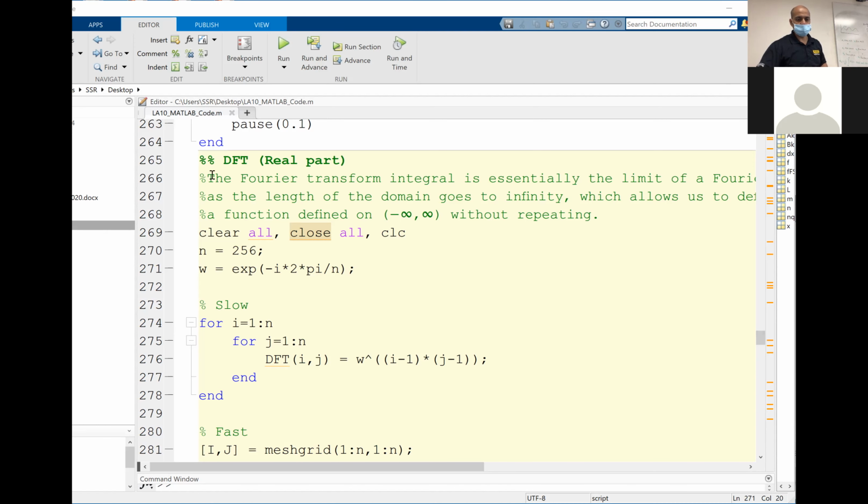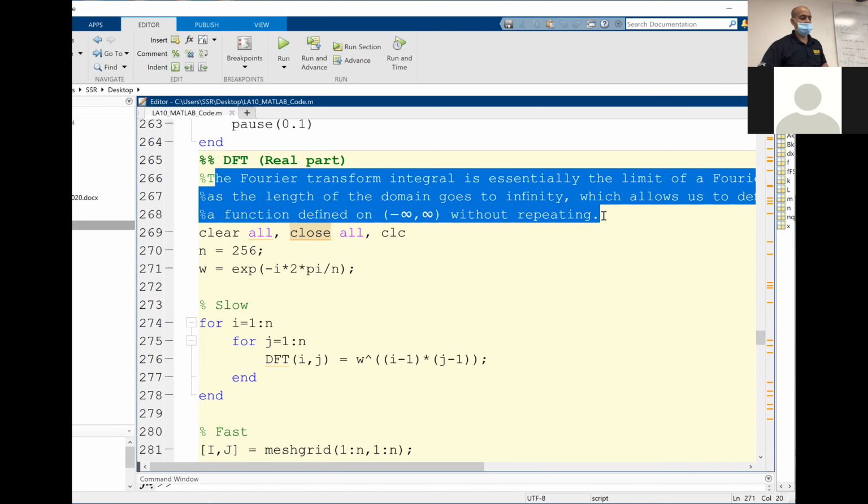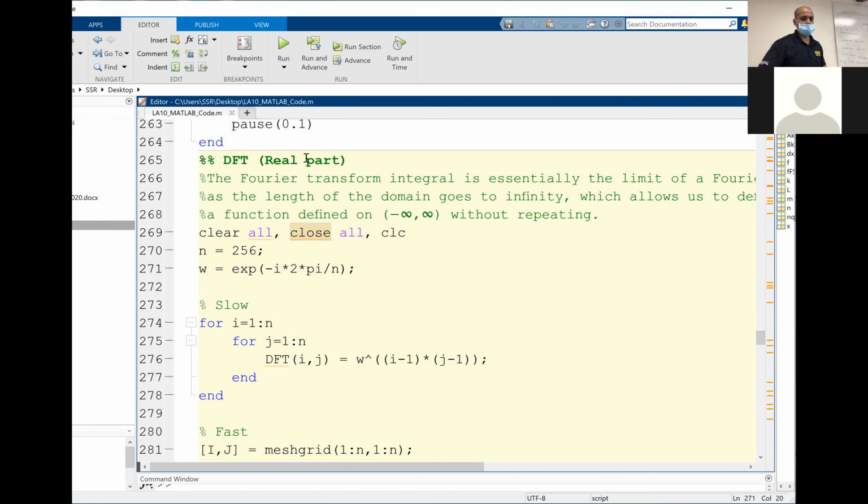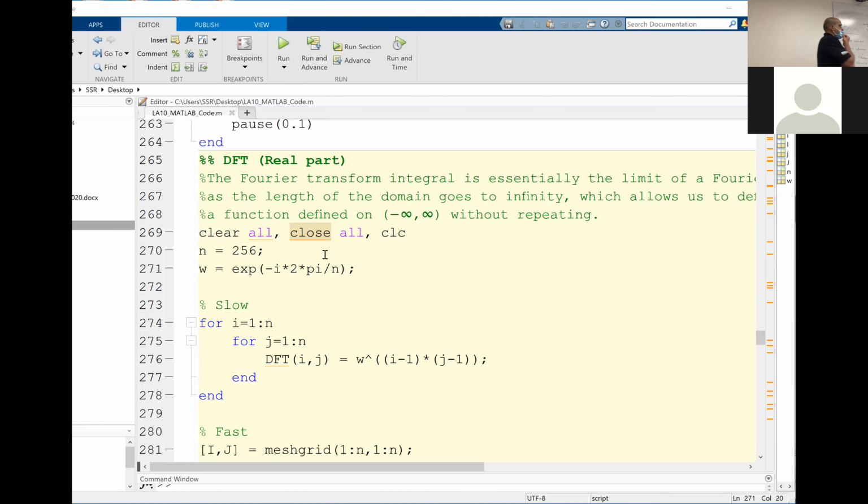It's so important that I highlighted this in the MATLAB script. So the next part, if you run the section, is where you calculate the discrete Fourier transform coefficients. Remember the coefficients that we talked about. If you find the DFT coefficients and plot them, you are going to get a very nice pictorial representation.